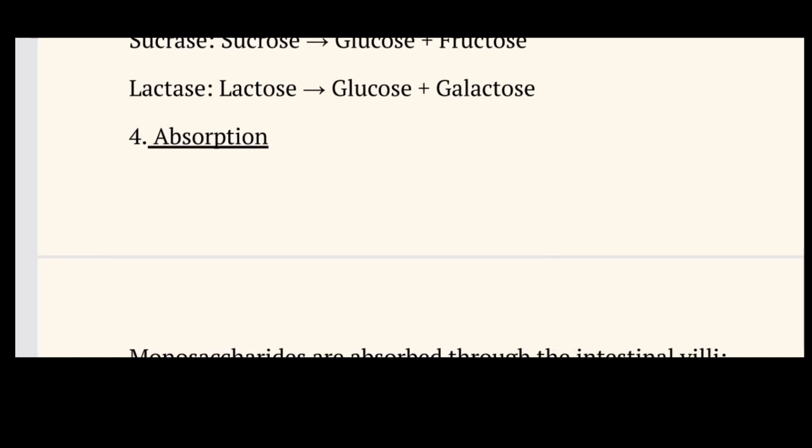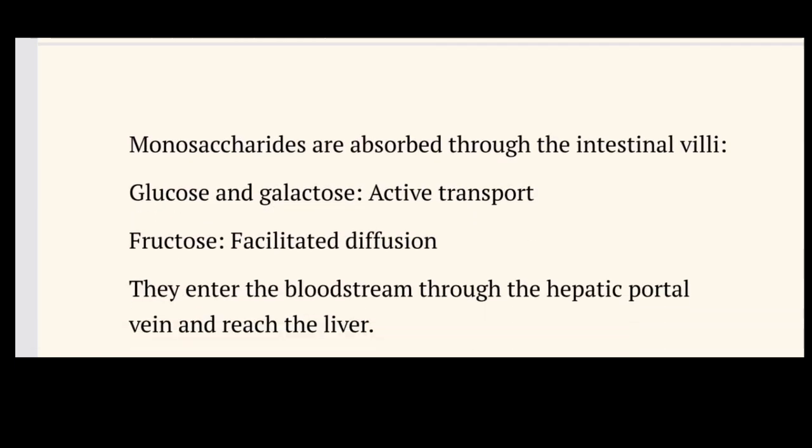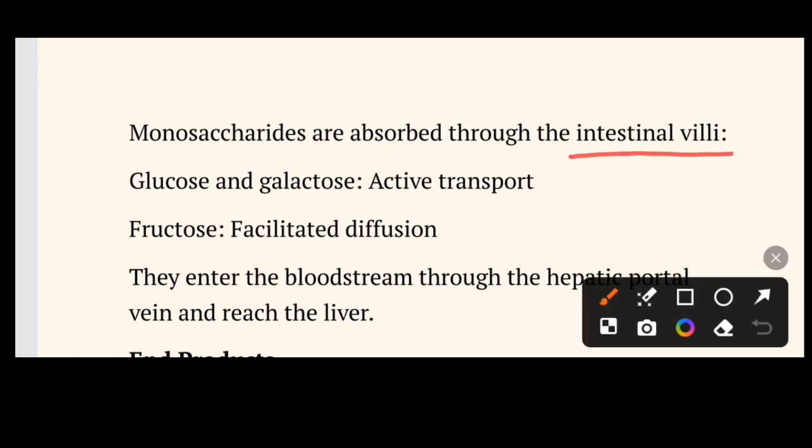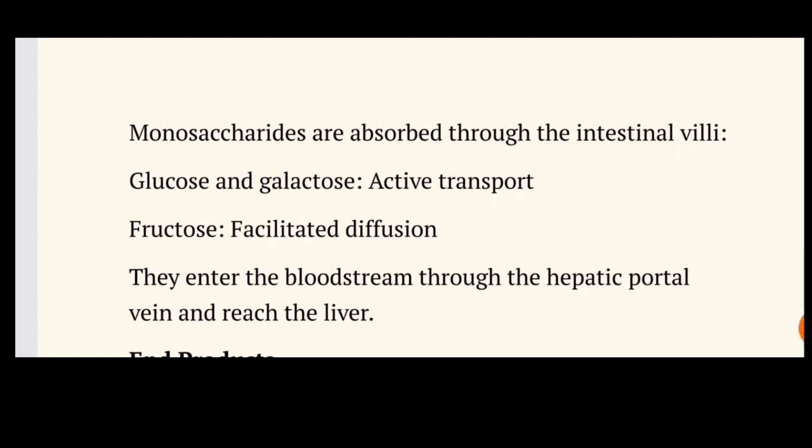Then we see absorption. Monosaccharides are absorbed through the intestinal villi. Glucose and galactose are absorbed by active transport, and fructose by facilitated diffusion.